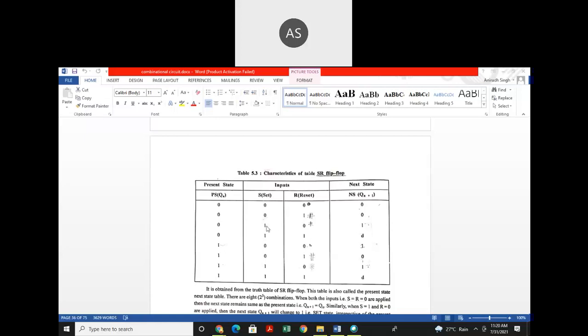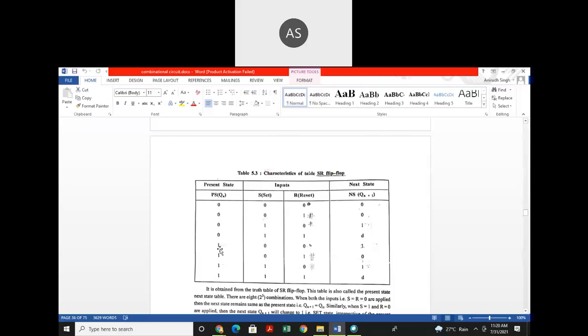Because when S is 1, R is 0, next state will always be 1, and when S is 0 and R is 1, in that case Q is always 0 or in reset state. When S and R both are 1, this is forbidden state, and we can denote this by D, don't care condition. Don't care state.